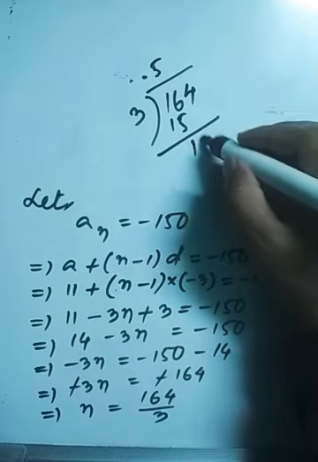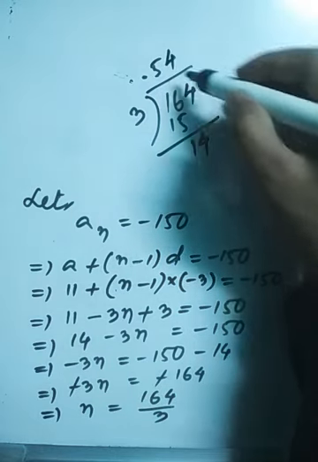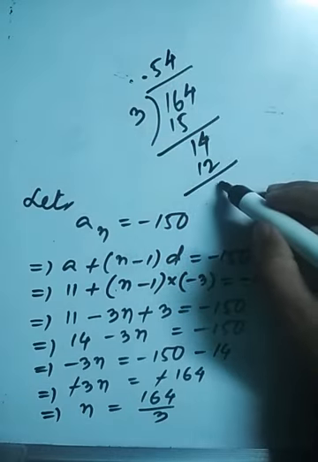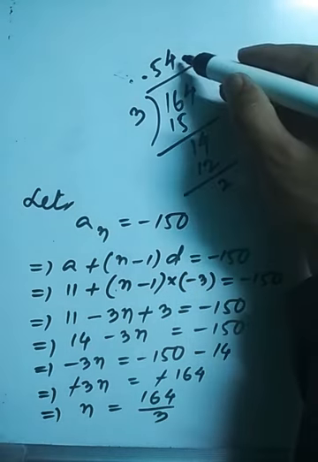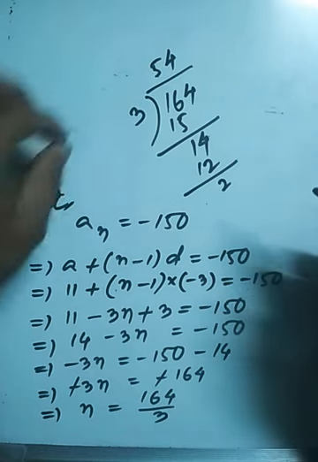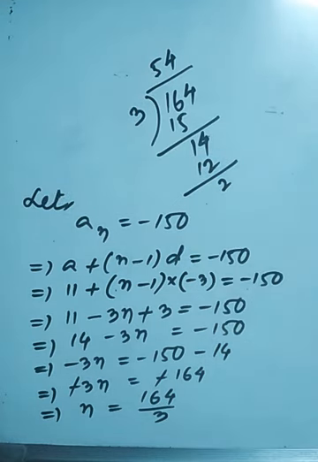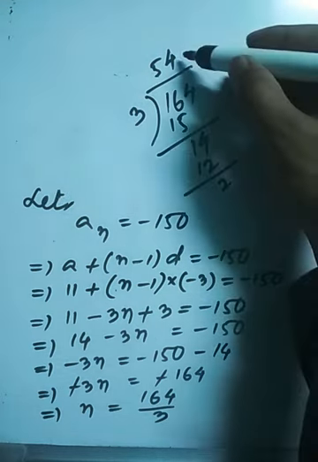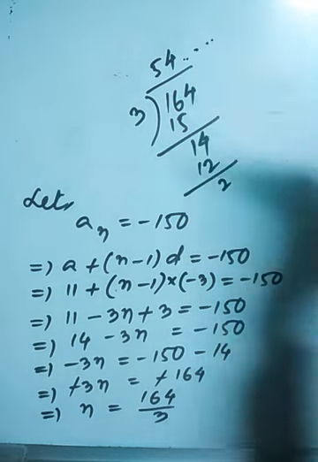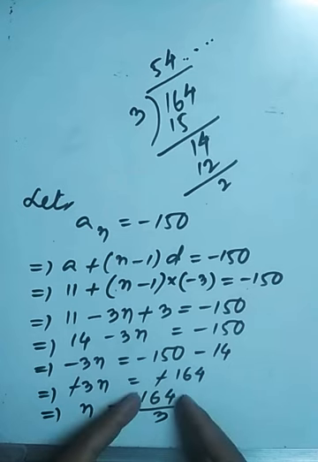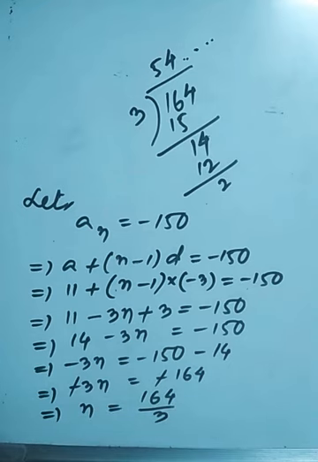Then here 1, then 4, then 3, 4 are 12. Now it's 2. So if you want to continue division, then there will be a point. So it shows that this quotient will not be a natural number, meaning if you continue division, there will be a decimal point here and digits here. So this 164 by 3 cannot be a natural number.